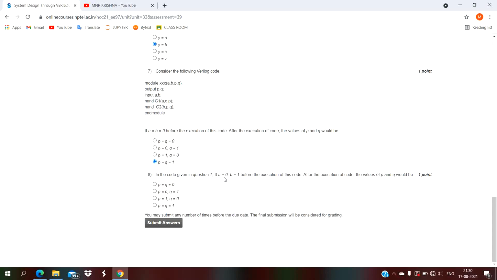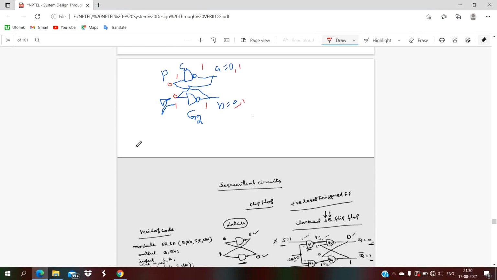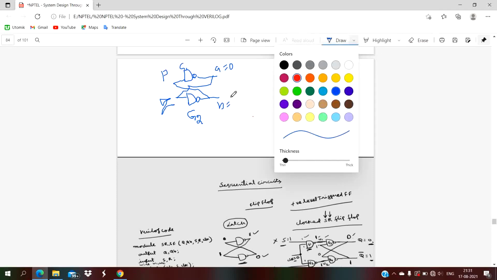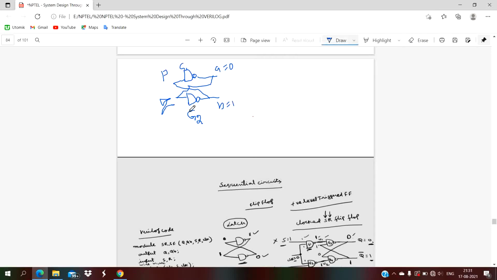If A is equal to 0, B is equal to 1 before the execution of this code, after the execution of the code, what would the values of P and Q be? Okay, then same. A is equal to 0, B is equal to 1. Okay, it is the given code.